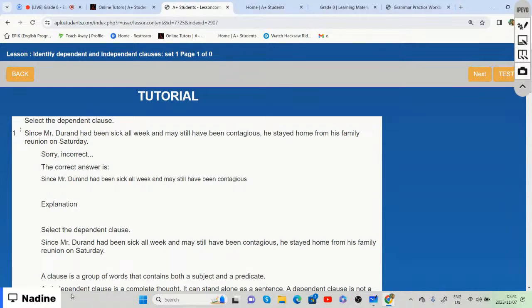Since Mr. Durand had been sick all week and may still have been contagious, he stayed home from his family reunion on Saturday. We need to select and identify the dependent clause within that sentence.